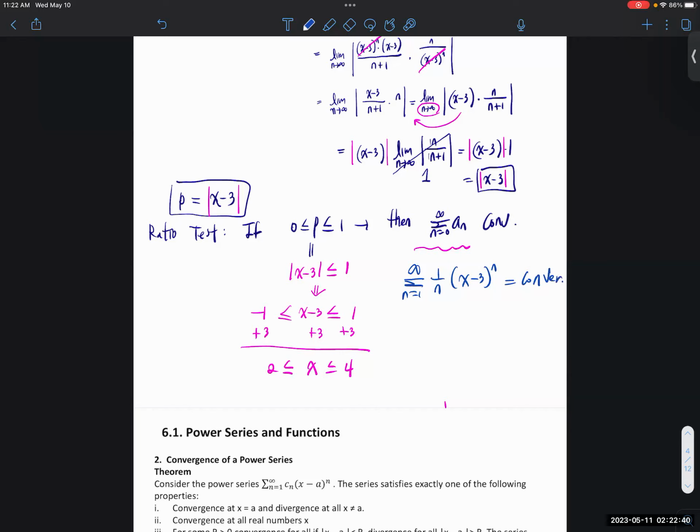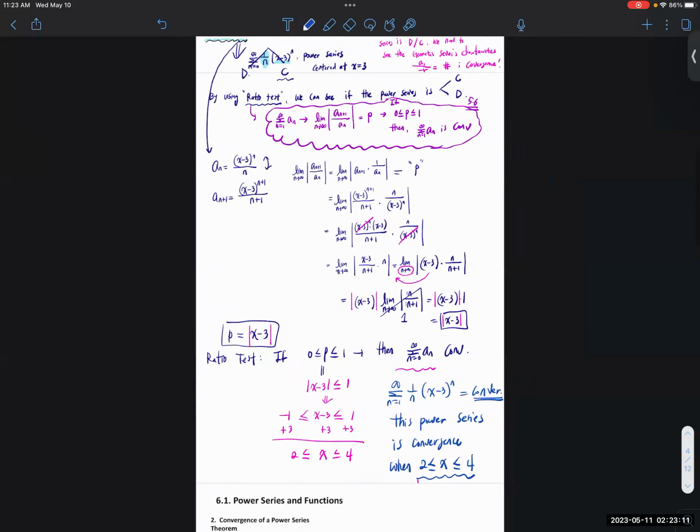So this power series is a convergent series when x is between 2 and 4 all the time. When x equals 2.1, 2.2, up to less than 3.9999999, this power series is always convergent. So theoretically, that's how you can solve it.